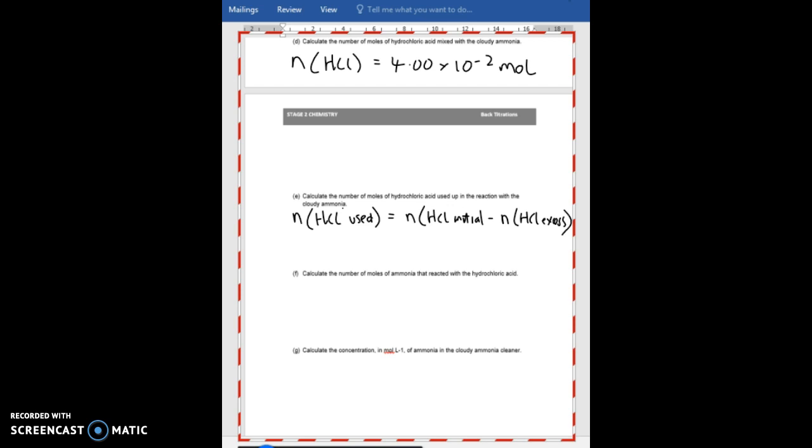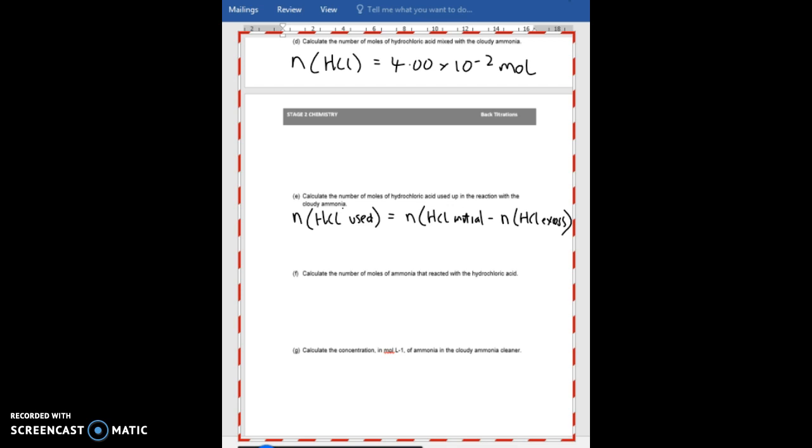Okay, so what we started out, we had a large amount of HCl which was in excess, so that's our HCl initial, and we're taking away what was in excess. So anything left over between that is what reacted with the ammonia.